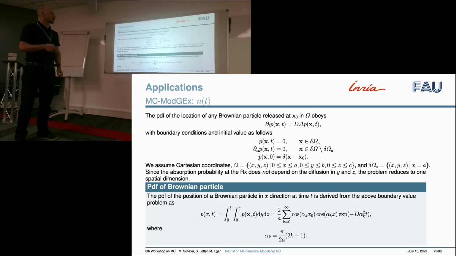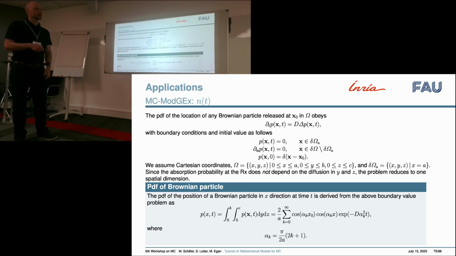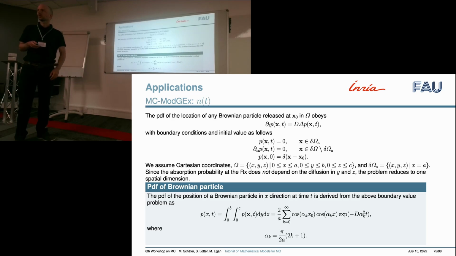So we set up the diffusion equation for our reaction volume omega, which is just a box basically in our case. And then we choose the appropriate boundary conditions. So we have a reflecting boundary at the left-hand side of the box, and then an absorbing boundary at the right-hand side of the box. Okay.